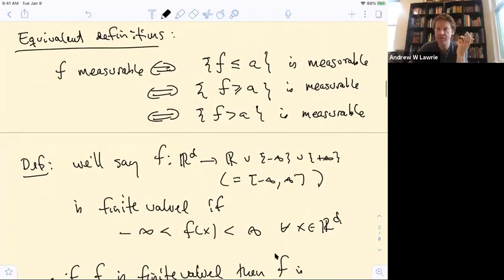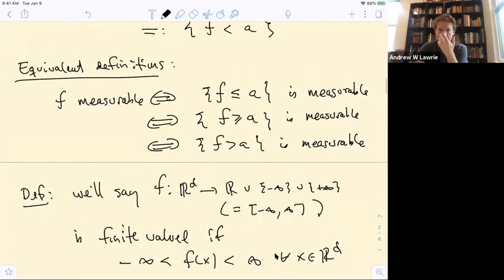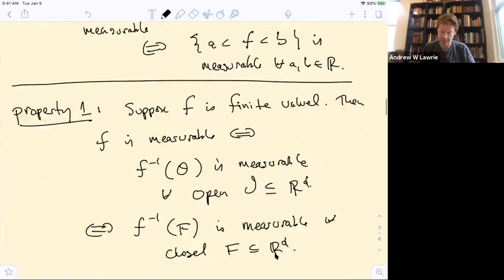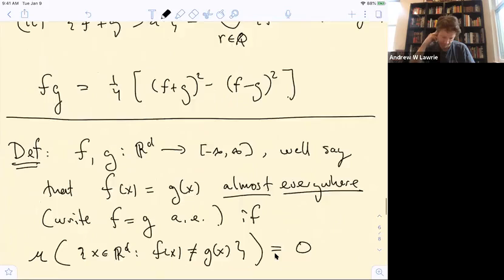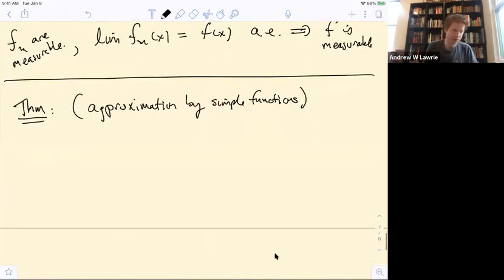And if I give you one simple function where the sets are overlapping, you can write down an equivalent simple function by chopping it up into disjoint sets. Okay, so the point is that measurable functions can be viewed as kind of limits of simple functions.